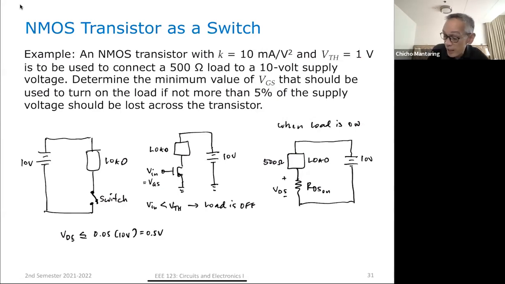We want to make sure that VDS is less than or equal to 0.5 volts.